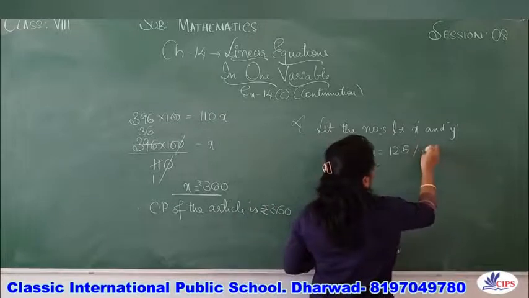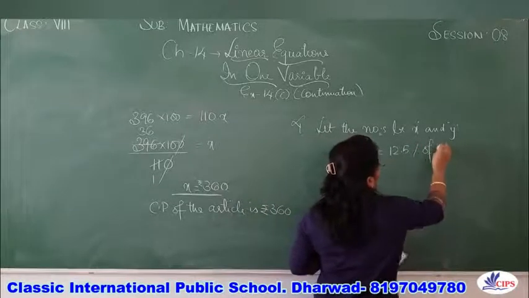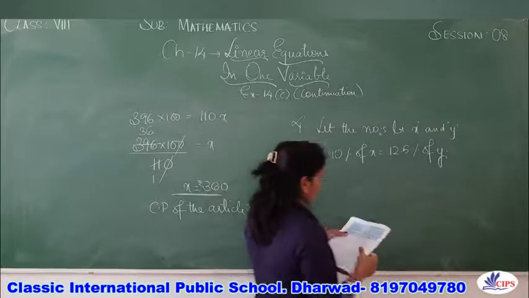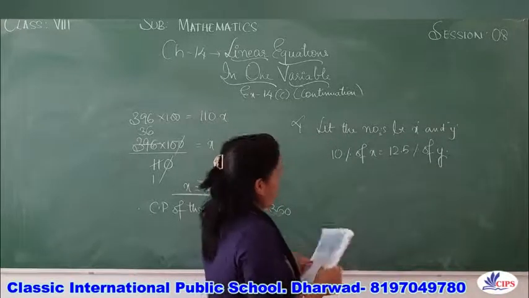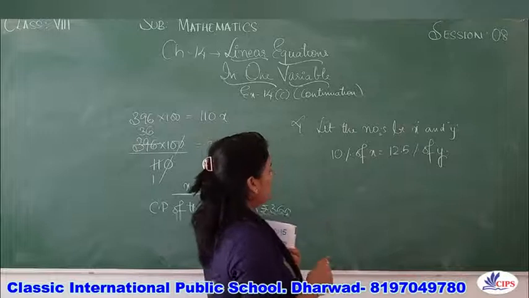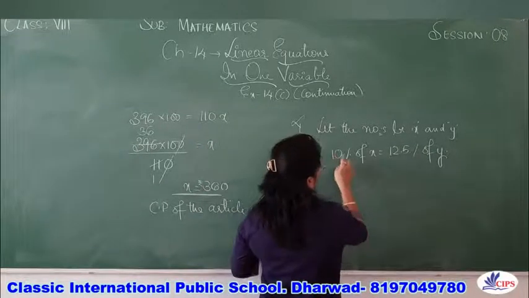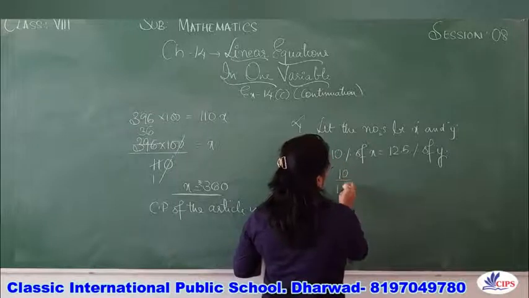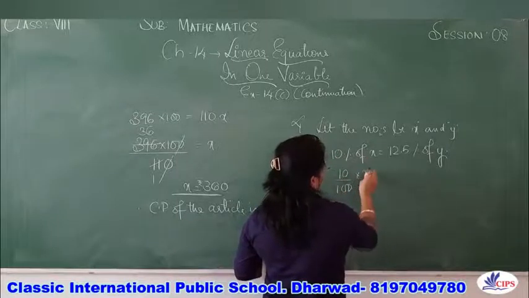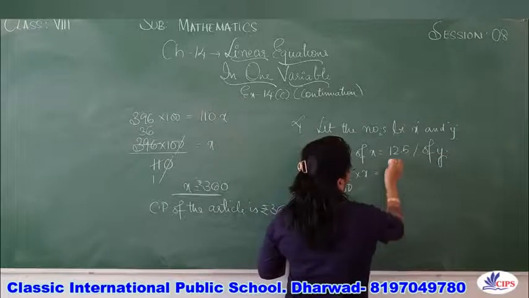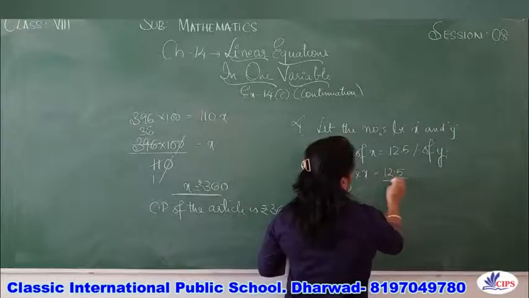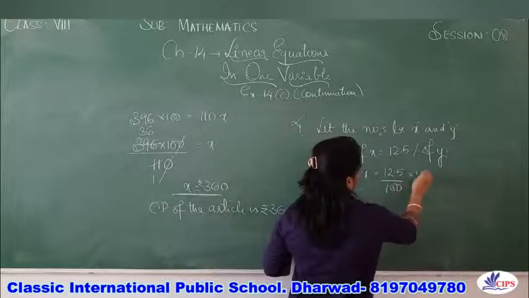So it's 12.5% of y. So we have to simplify this now. Let us convert this into fraction. What is 10%? It will be 10 by 100, of means multiplication, into x equals 12.5 by 100 into y.